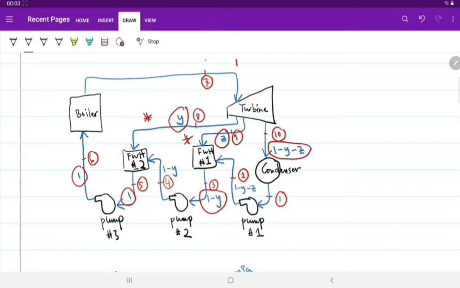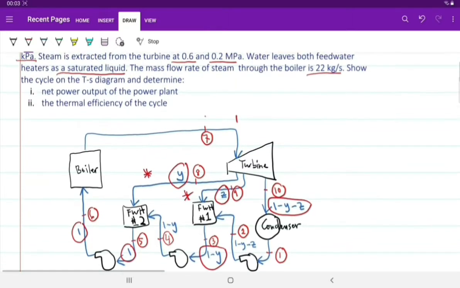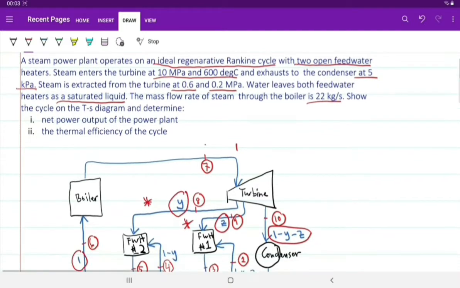It goes to the boiler and repeats the cycle. So this is the schematic for this question.